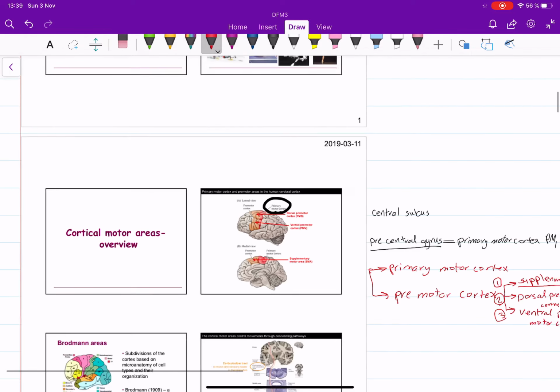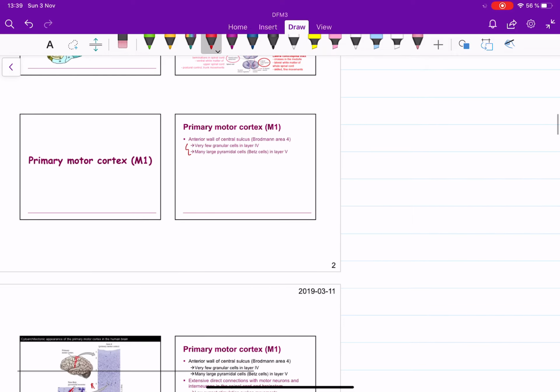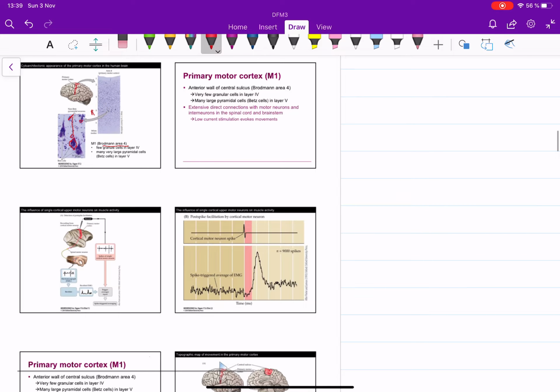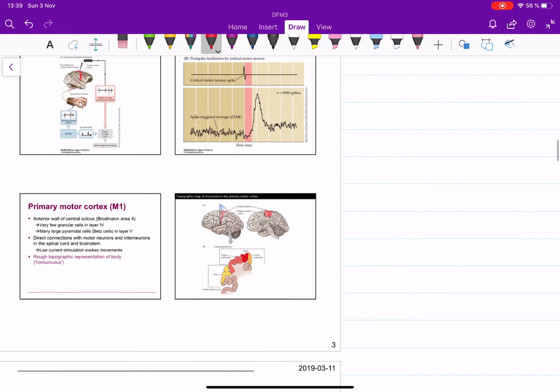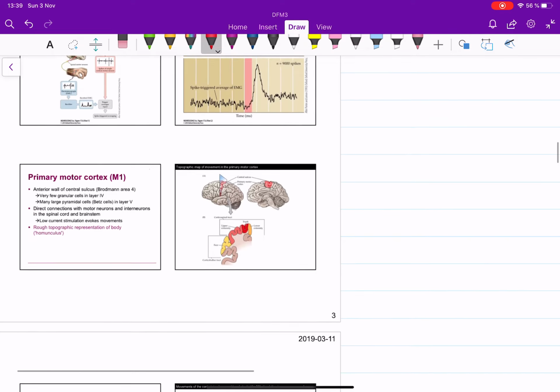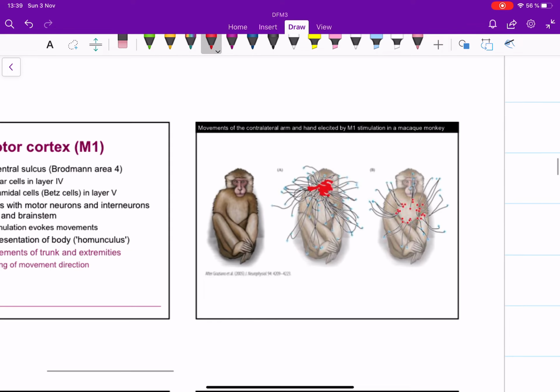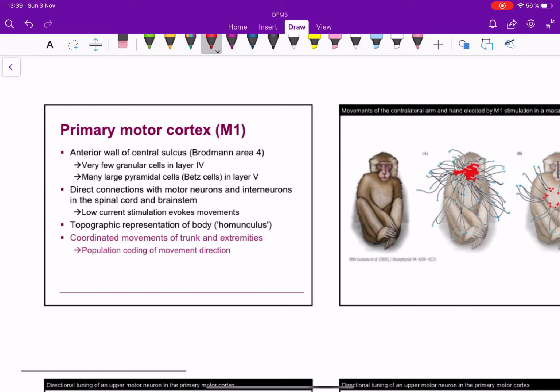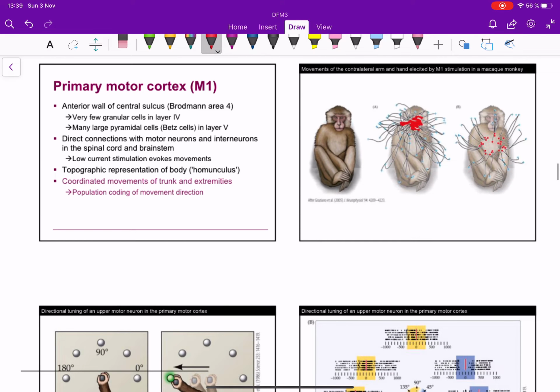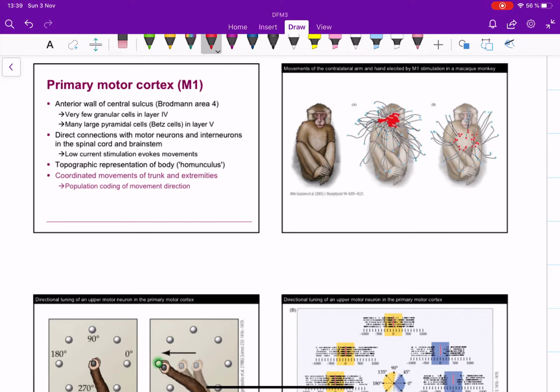So that's the role of this area. Coordinated movement of trunk and extremities.